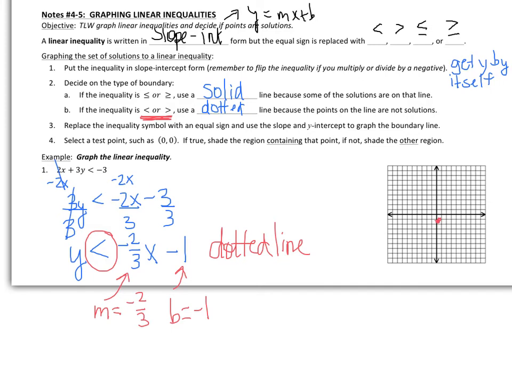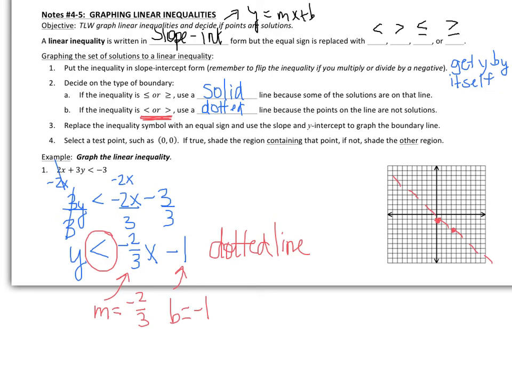Negative 1, and then down 2 and over 3, approximately here. The reason why I wanted to redraw it is because that 0, 0 is actually above that line. So let's use that test point.